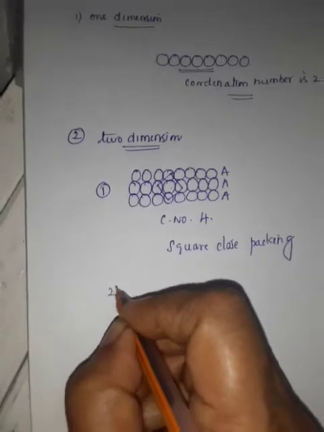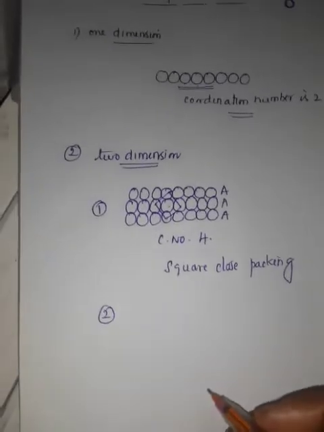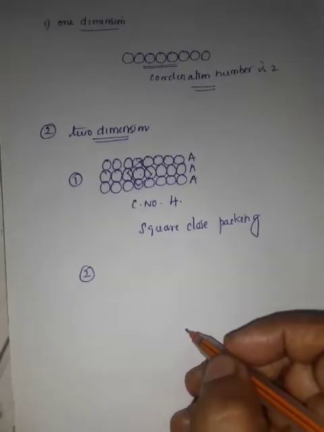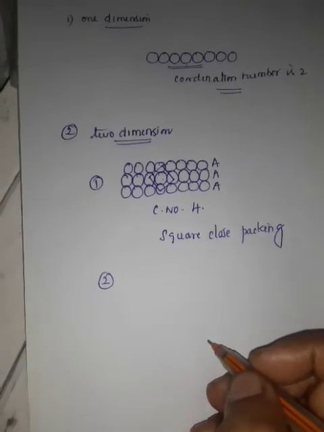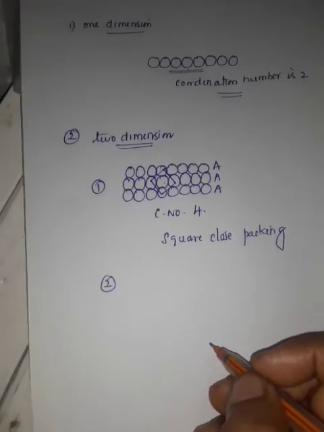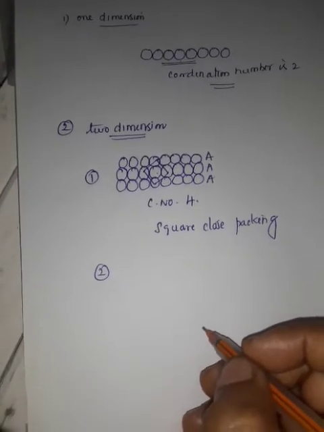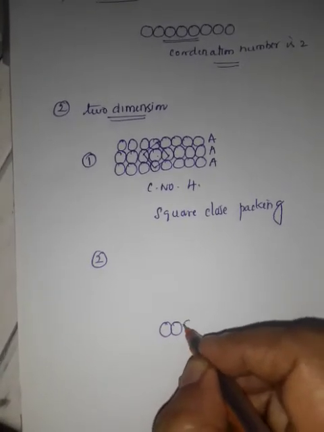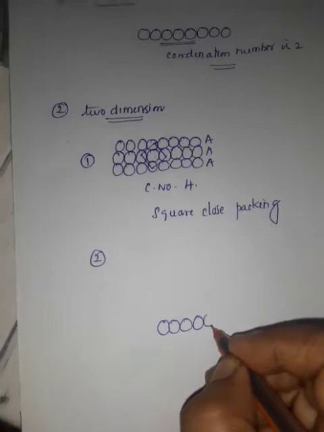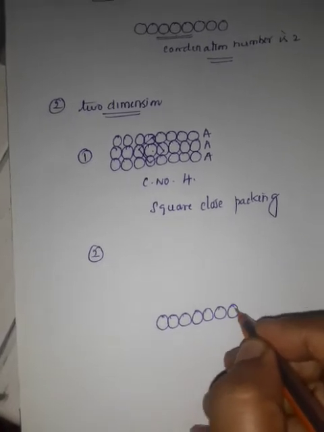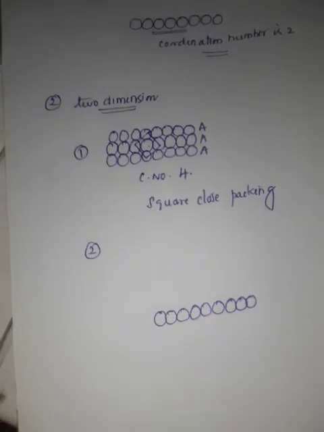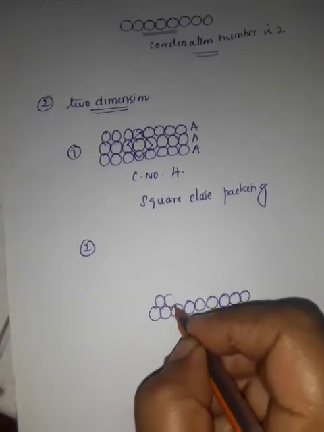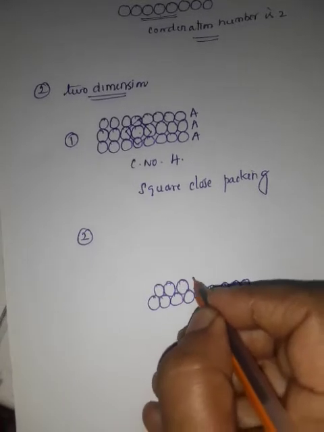Now the second type in 2 dimension. The second row is placed over the first row but in a staggered manner, fitting in the depression of the first row. See, first row, then the second row fits in the depression of the first row.